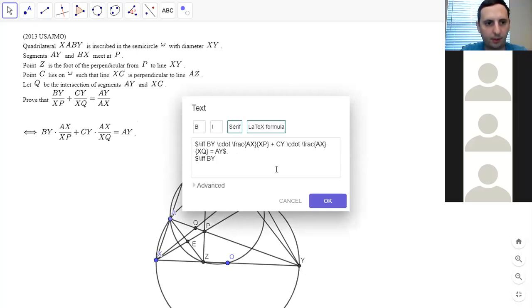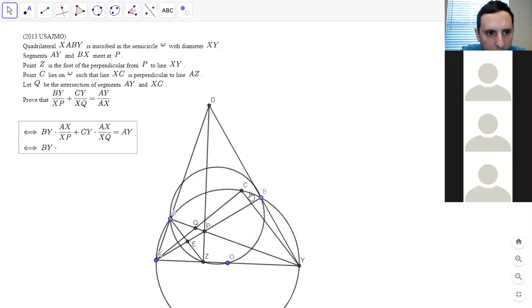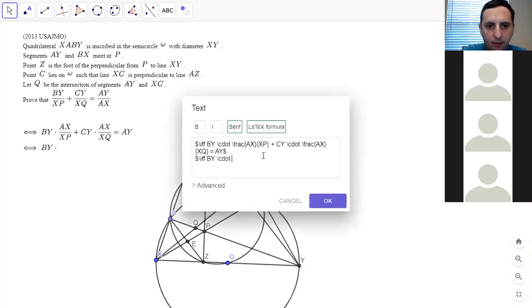This is the same as saying BY times BY over YP plus CY times CY over YQ equal to AY.